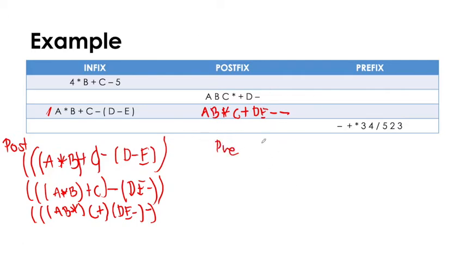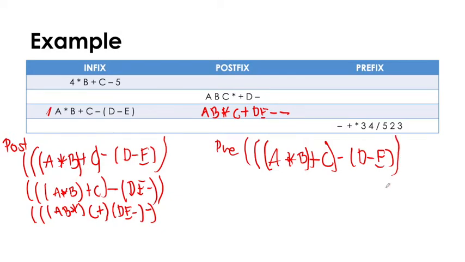So for the prefix again, I'll write it down. A times B plus C minus, open parenthesis, D minus E. Alright, again, let's add the parentheses. Yeah, like that. So let's first solve these ones. This is a prefix, so the operators are placed before. Here we go.